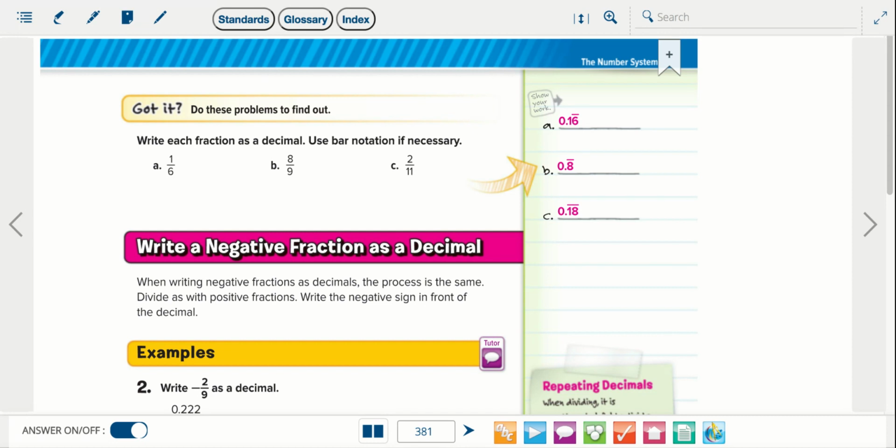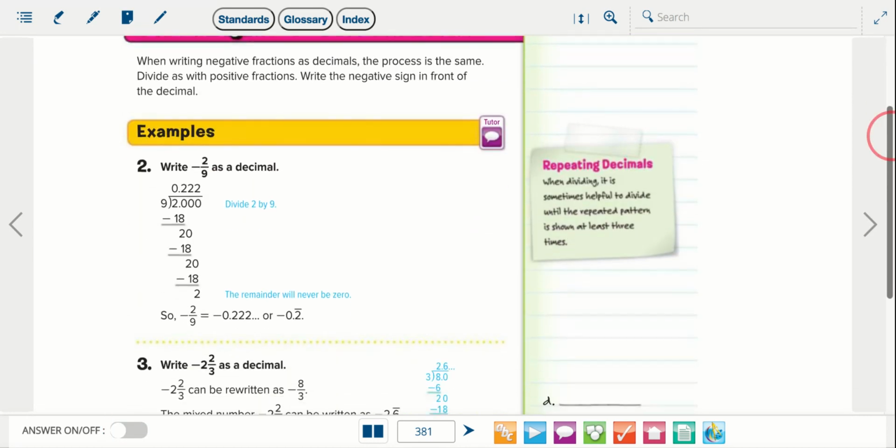For B, 0.8 with the line only over the 8. And then C is 0.18 with the line over both of them. And again, to find those, you should have done 1 divided by 6, 8 divided by 9, 2 divided by 11. All right, let's keep going.